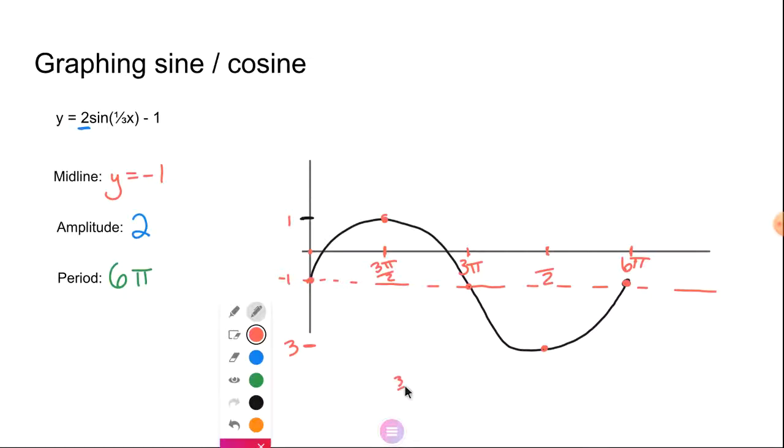Just do 3 halves plus 3. If you'd like to put that in your calculator, I'm going to do it in my head really fast. So that's going to be 9 pi halves is what you should get. So those would be your labels for the x-axis. Your labels on your y-axis are there. Make sure you label what your midline, amplitude, and period look like as well.